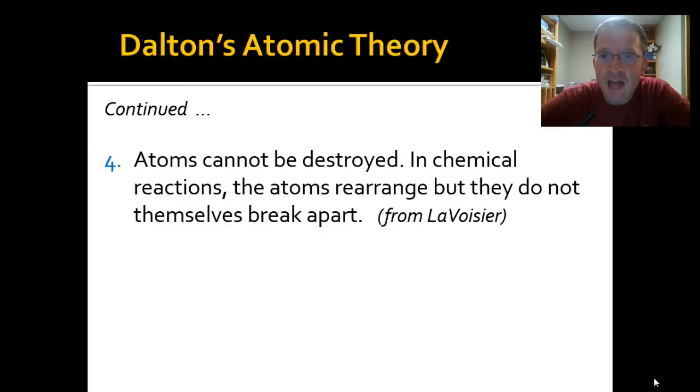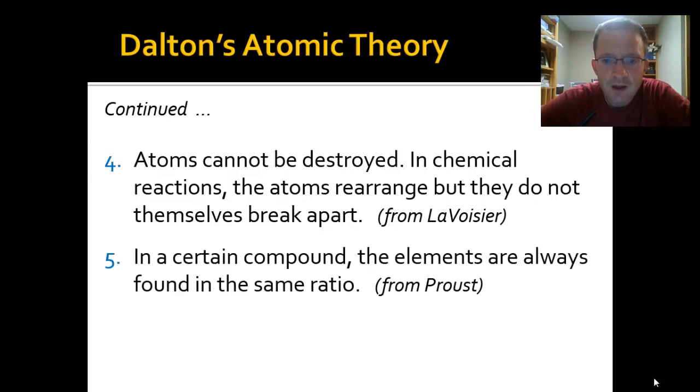So when we have a reaction between, as you saw in the first lab of the year, candle wax and oxygen, we have carbon, hydrogen, and oxygen atoms, and those 3 atoms are recombined into new things, carbon dioxide and water, but not themselves destroyed. So the atoms are still there, the same number of atoms are still there, they're just rearranged into something new. And that comes from Lavoisier, and something that we'll talk more about with him when we get to stoichiometry much later in the year.